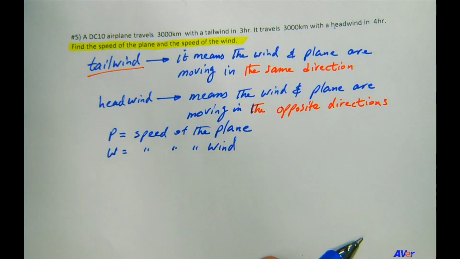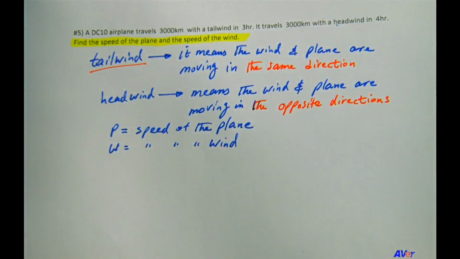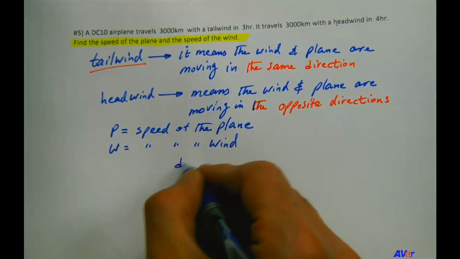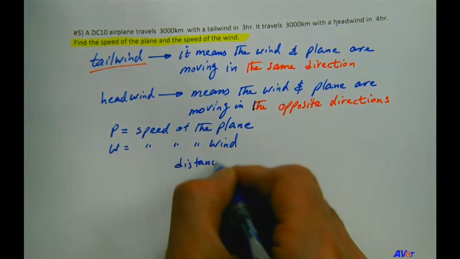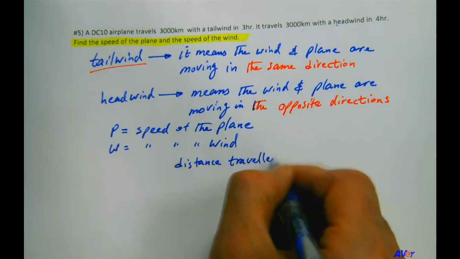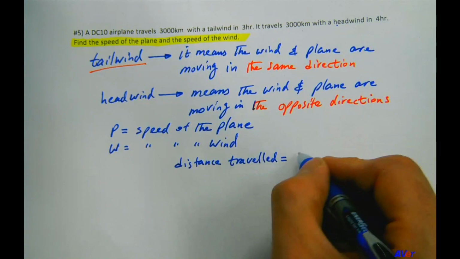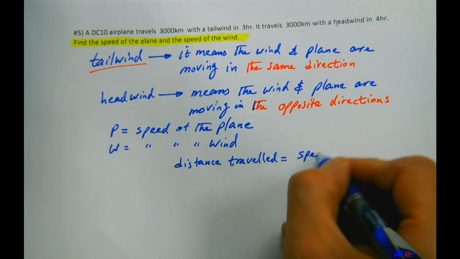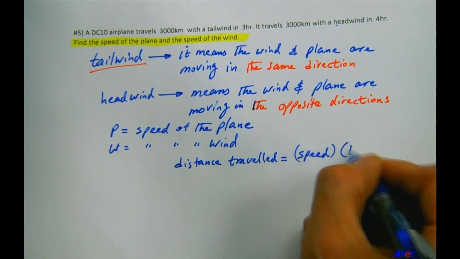So the other thing that we know about the physics of a plane moving with a constant speed, and that's the assumption, is this, that the distance traveled is equal to speed times time.